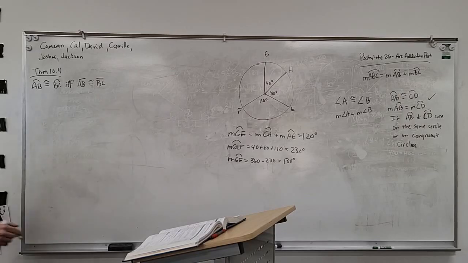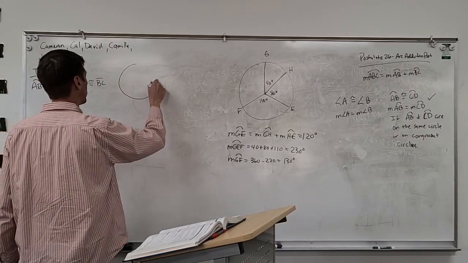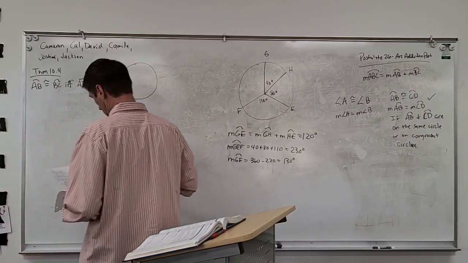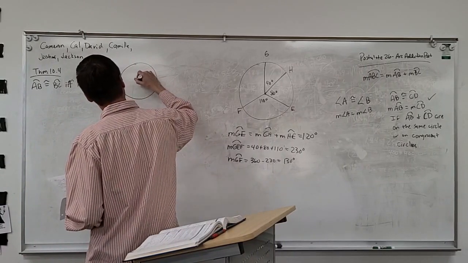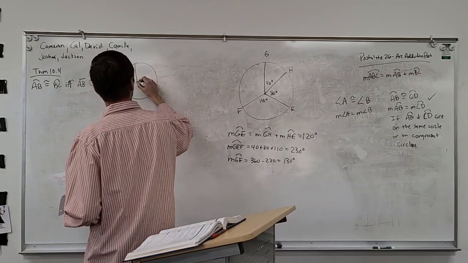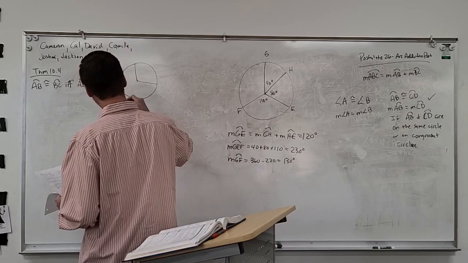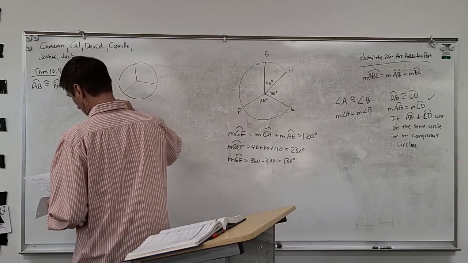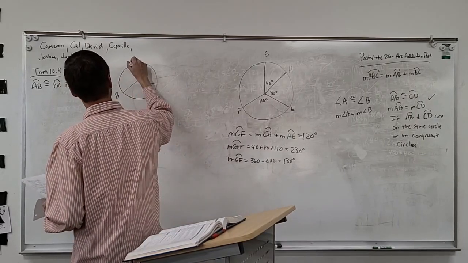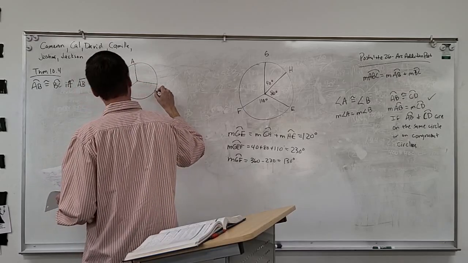So we need to draw a picture to make sense of this. So what it means is we have something like this, and we've got B, A, C.